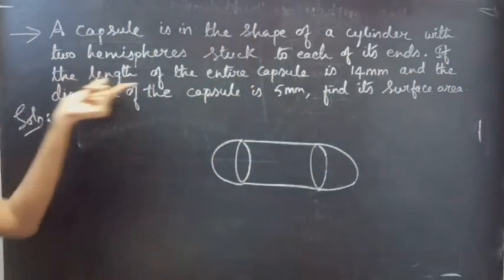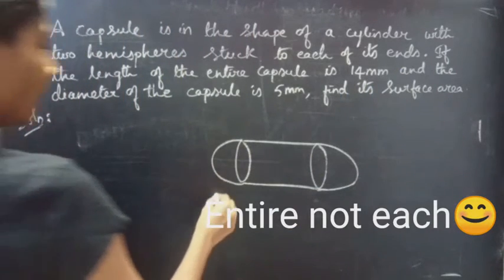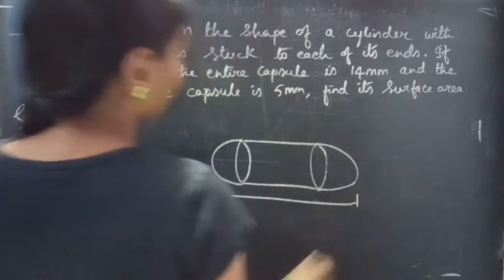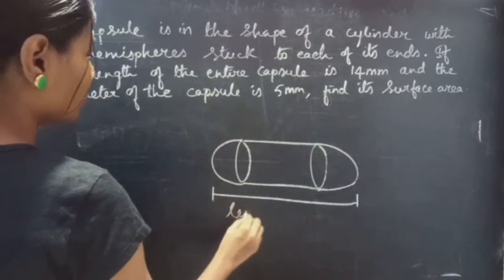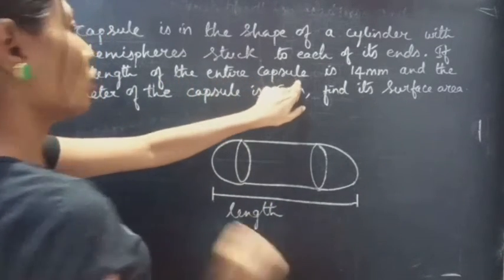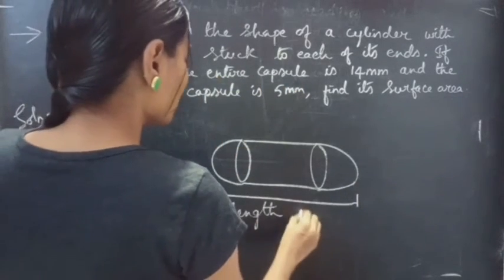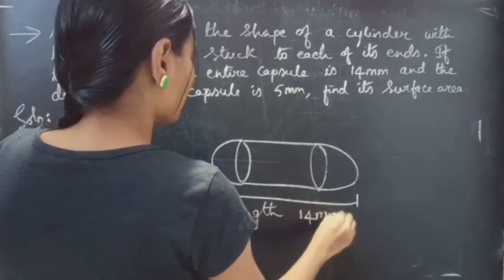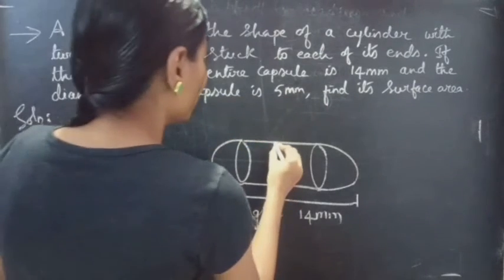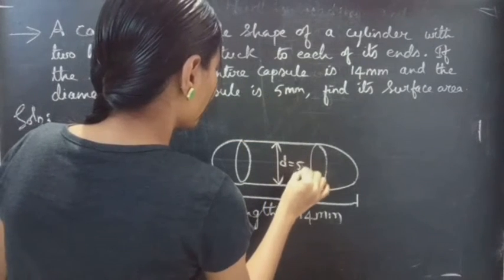Length of the entire capsule is 14 mm and the diameter of the capsule is 5 mm.